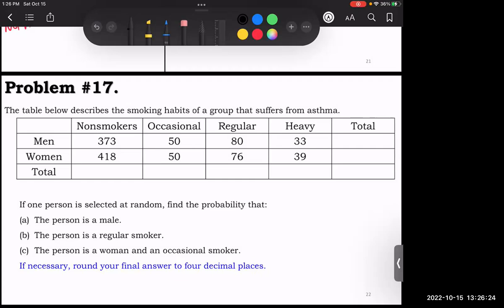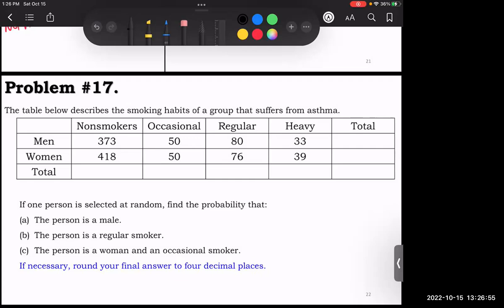That particular group of people, you can separate them by gender, male or female, or man and woman. And then you can also separate them based on their smoking habits, whether they're non-smokers, whether they do some occasional smoking, whether they do some regular smoking, or they do some heavy smoking. But nonetheless, those are your two variables, their smoking habits versus gender.